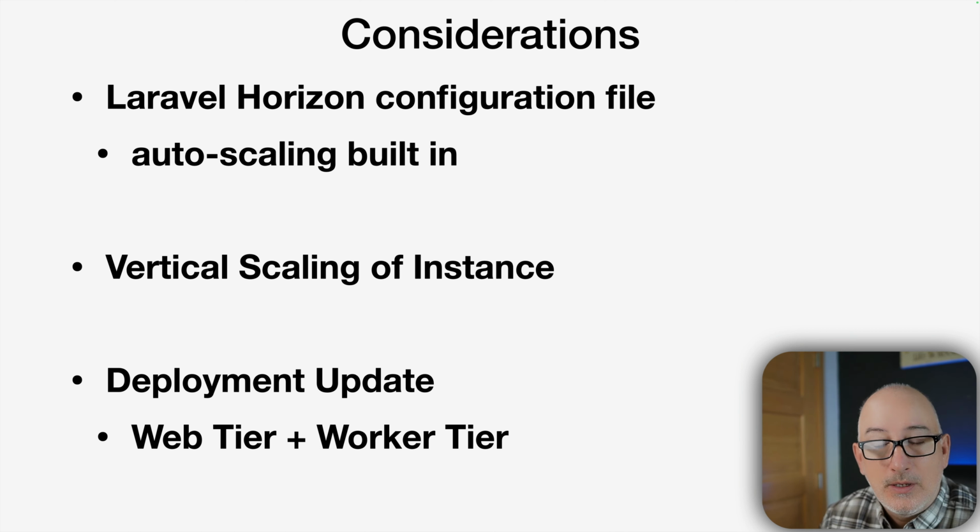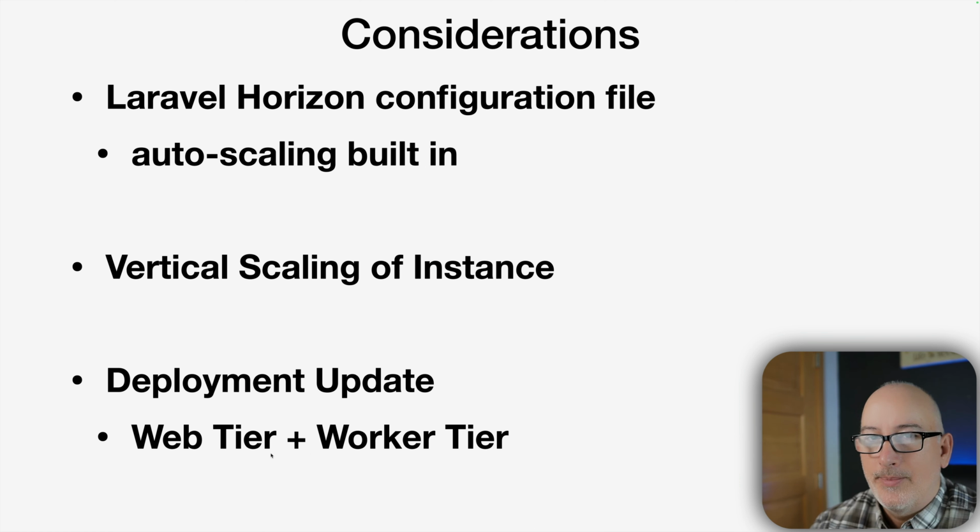Second thing is, if you find out that your workers just aren't able to handle the workload, they're not really keeping up, and your queue never reaches that zero state where everything is completed, then you probably will need to scale your instance vertically. So more RAM or more CPU, depending upon where your constraint is. So definitely consider that. And then the third consideration, like I mentioned before, is we did this very manually.